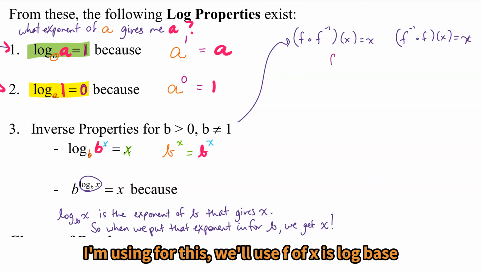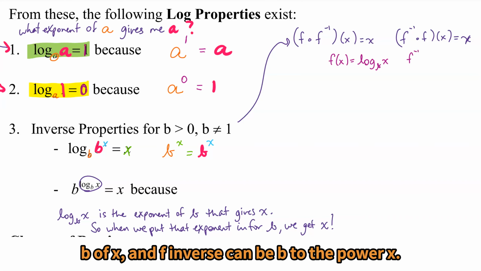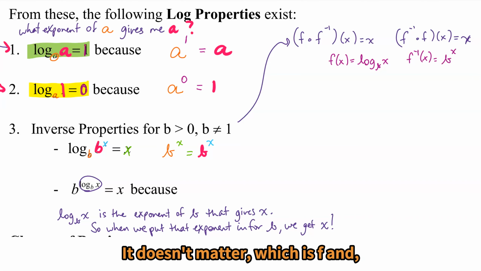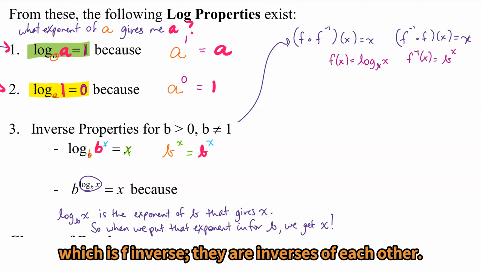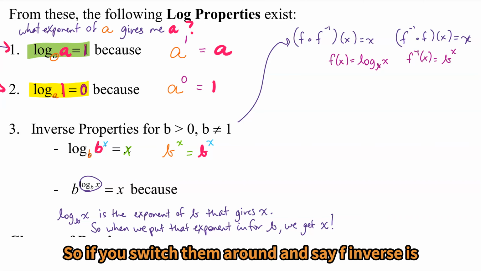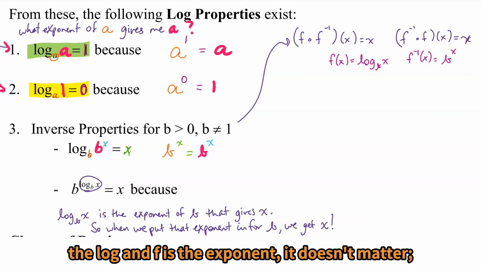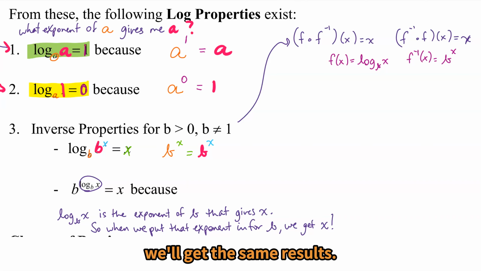The functions I'm using for this, we'll use f of x is log base b of x, and f inverse can be b to the power x. It doesn't matter which is f and which is f inverse. They are inverses of each other. So if you switch them around and say f inverse is the log and f is the exponent, it doesn't matter. We'll get the same result.